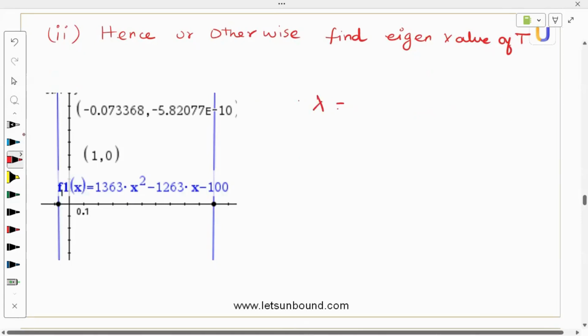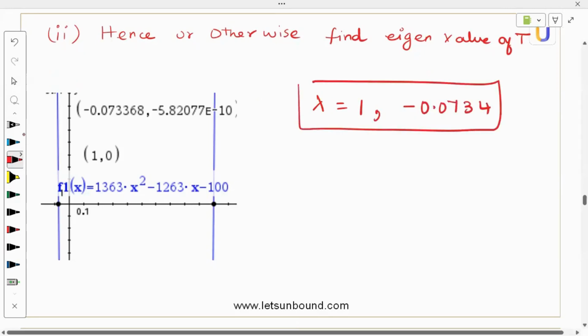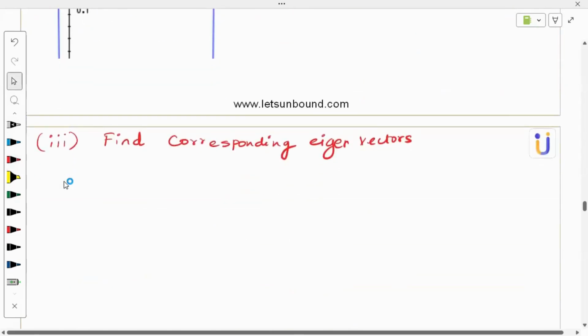So lambda equal to 1 is one eigenvalue and the other is negative 0.0734. Let me take it to 3 significant figures. That's simple. And next part: find the corresponding eigenvectors. Right? So eigenvectors are quite simple.